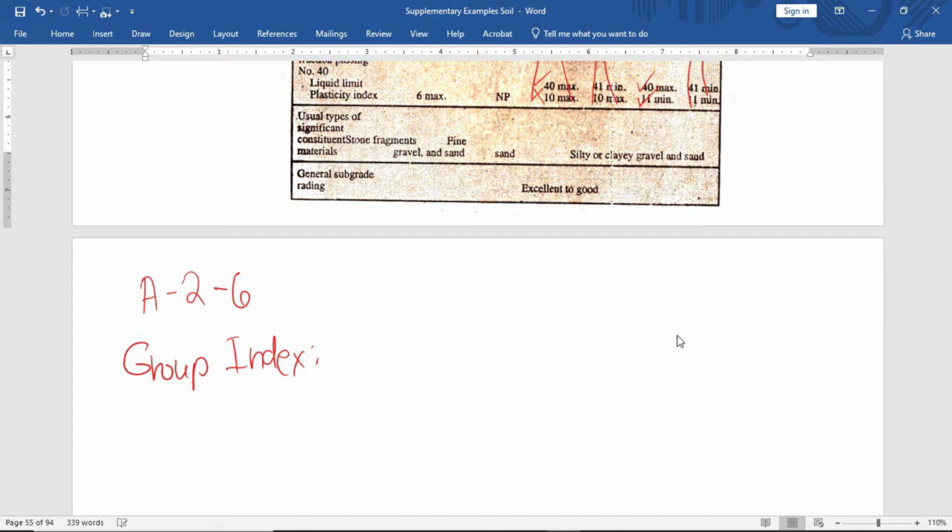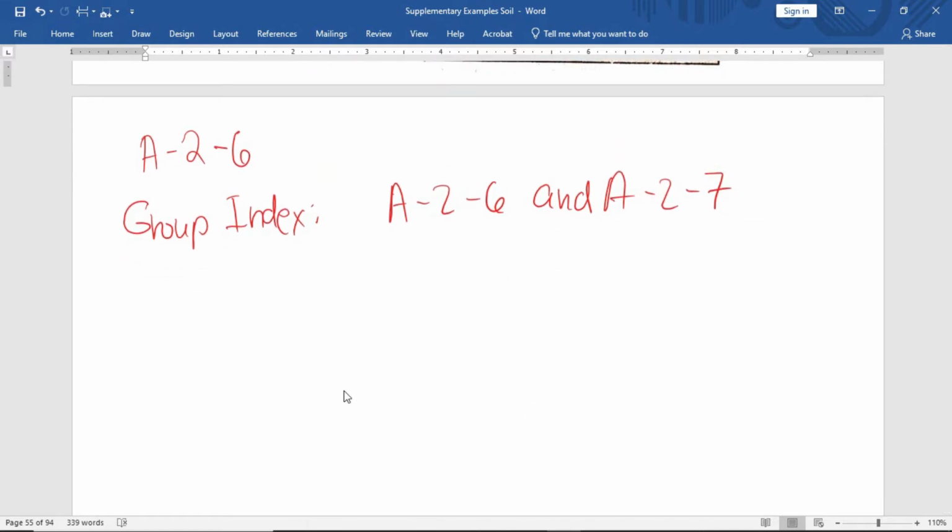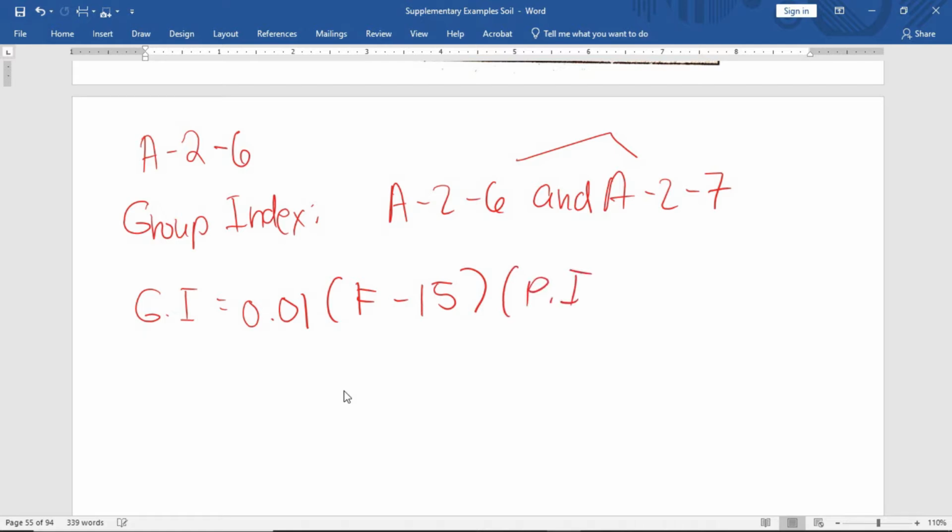Pero take note na when computing the group index for soils belonging to A-2-6 and A-2-7, use partial group index for PI, which is equal to 0.01 (F minus 15) times (PI minus 10).